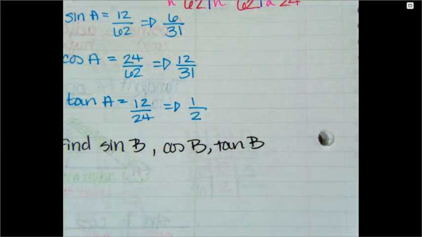All right, do it again. But now I want sine of B, cosine of B, and tangent of B. So I would take a different color and go highlight or label.